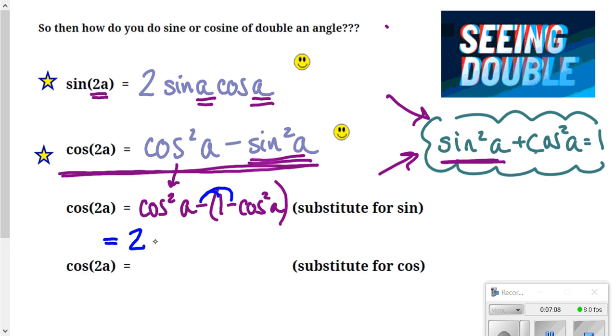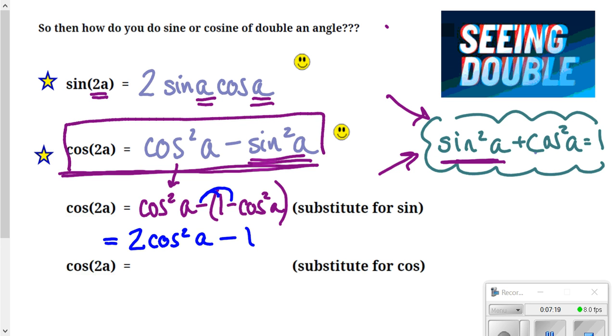I'd have 2 cosine squared of A minus 1. Boom.